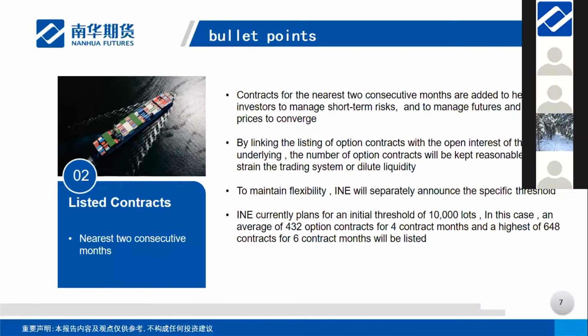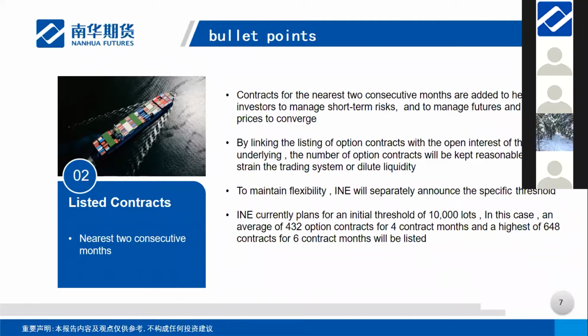Also, when the open interest of the underlying futures contract after daily clearing reaches a specific threshold separately announced by INE, the option contract will be listed for later months on the second trading day thereafter.